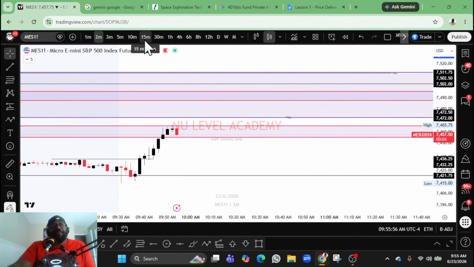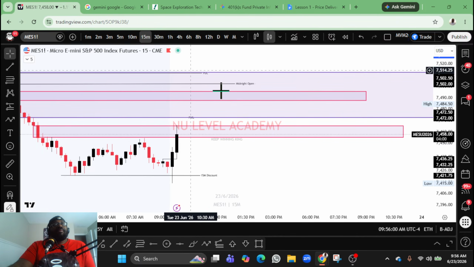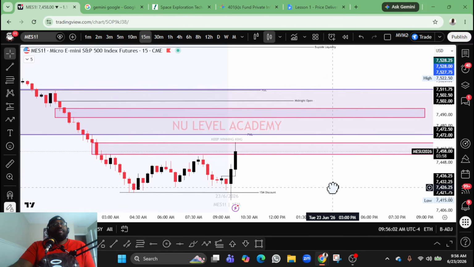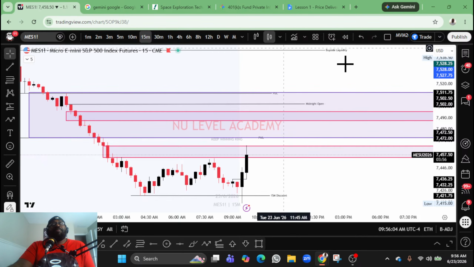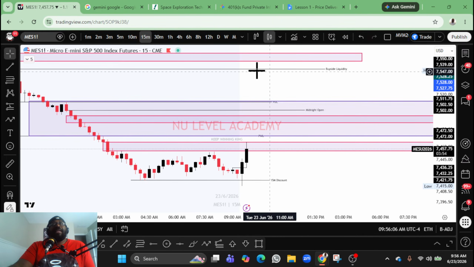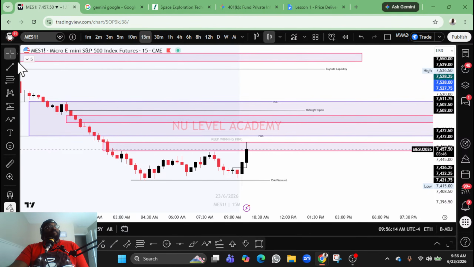And this could be an IOFED entry back to midnight open. And you can see we have buy side that is sitting right here at 75.50. So that's my whole reasoning on why I want to be patient and we may catch an IOFED.